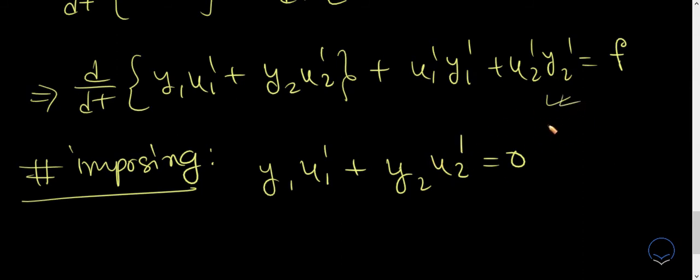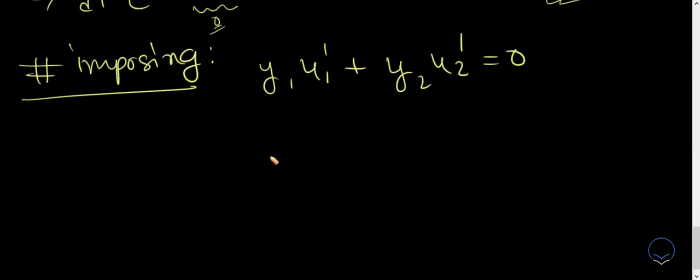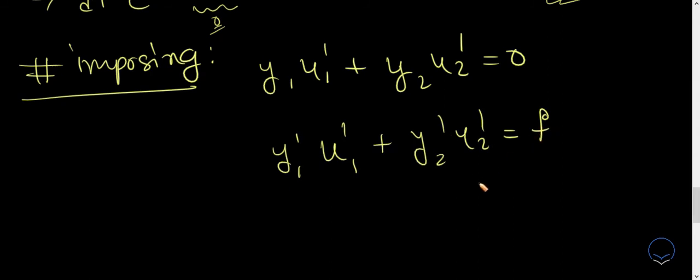If you take this part to be 0, you will have y1 prime u1 prime plus y2 prime u2 prime equal to f. Now we have 2 equations just by imposing this condition, right?